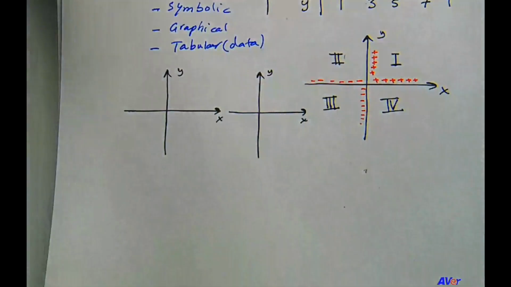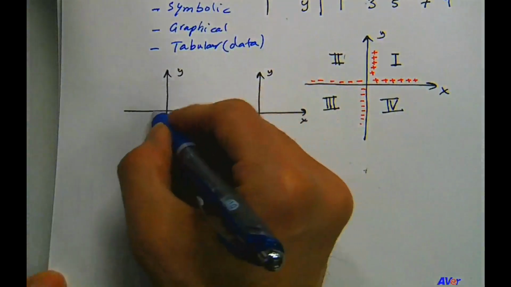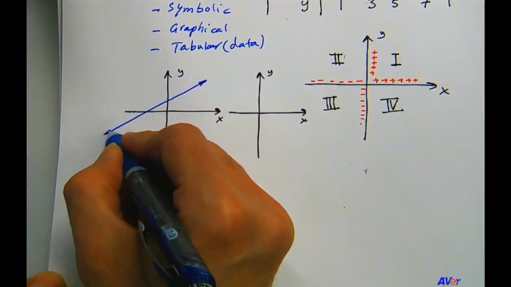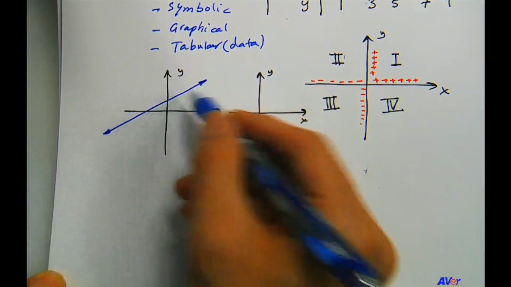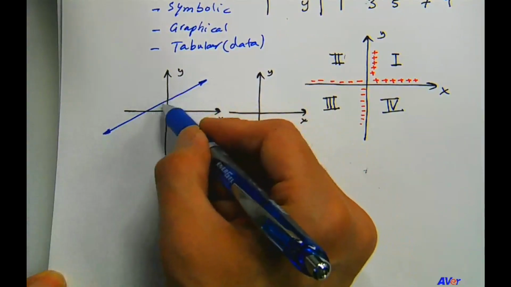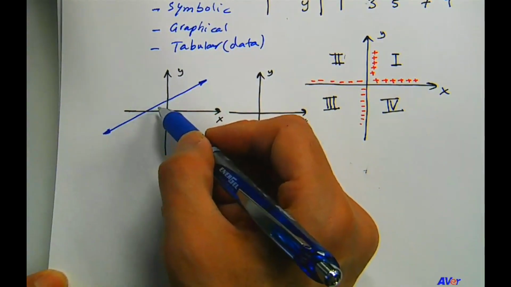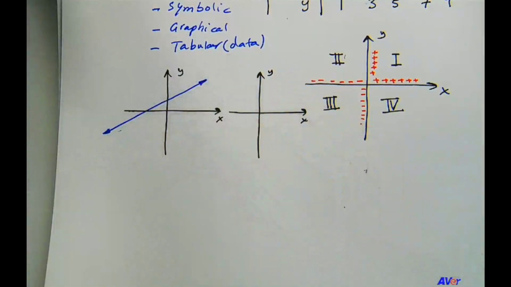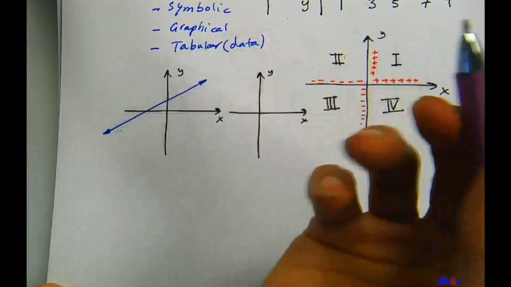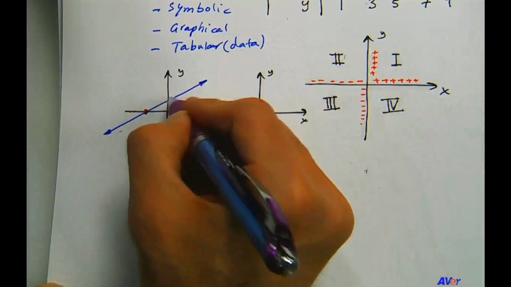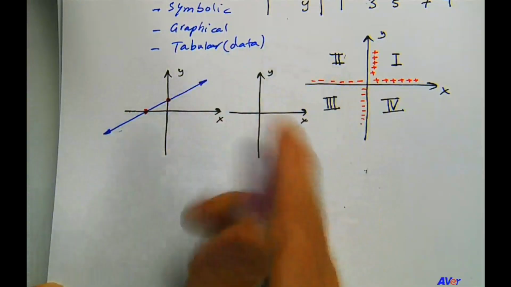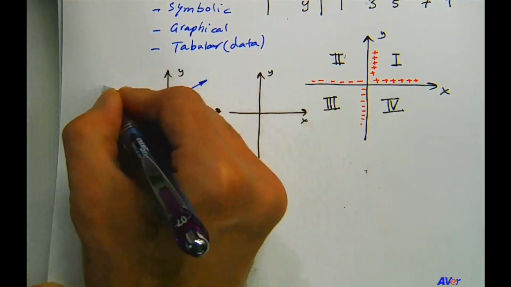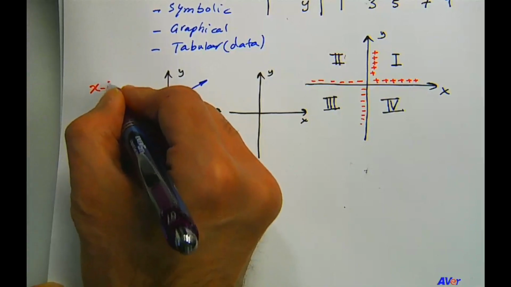A line can be drawn with at least two points given to us that belong to this line. So you have any two points on this line, you should be able to draw it. But the easiest points you can use to draw a line are the intercepts. So this one is the x-intercept.